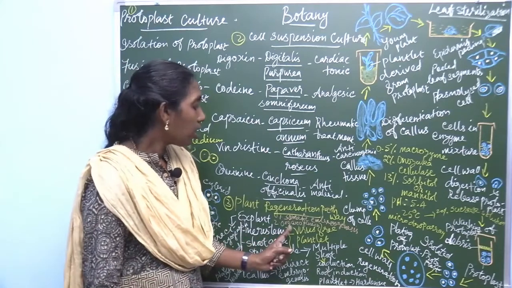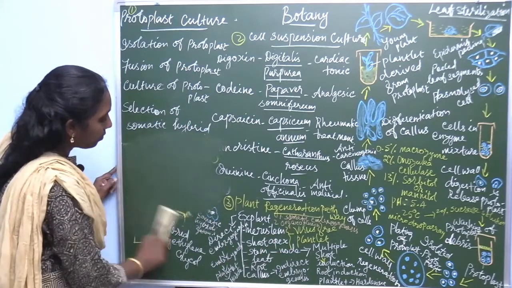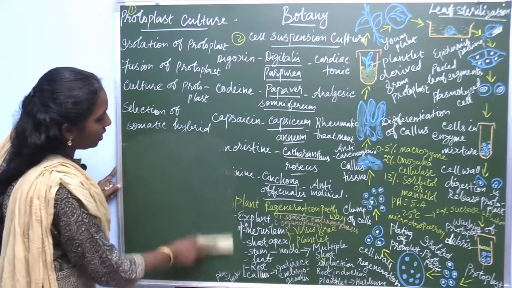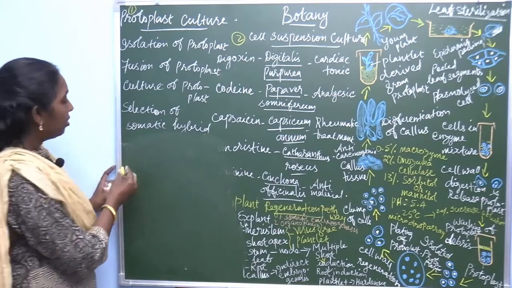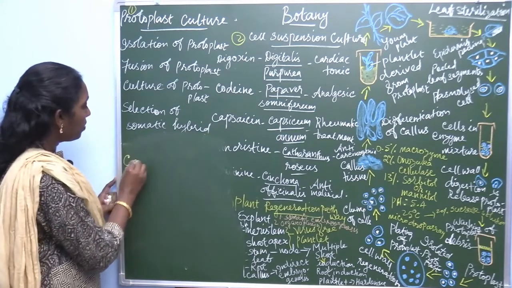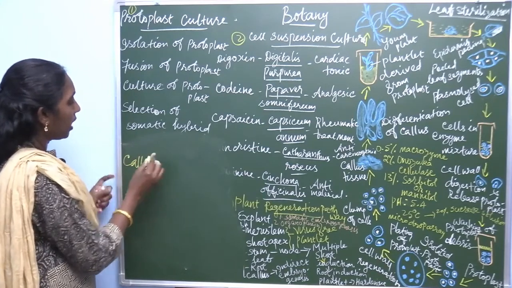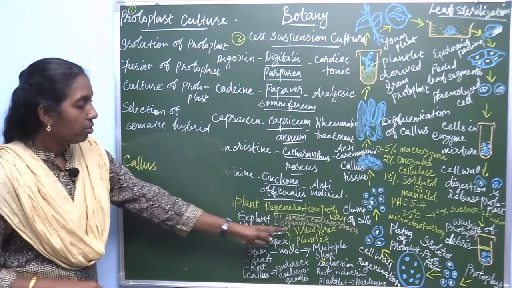Another one, organogenesis. In organogenesis, how does it produce? Here, organ. At first, this callus is developed. From this callus formation, so this is organogenesis.